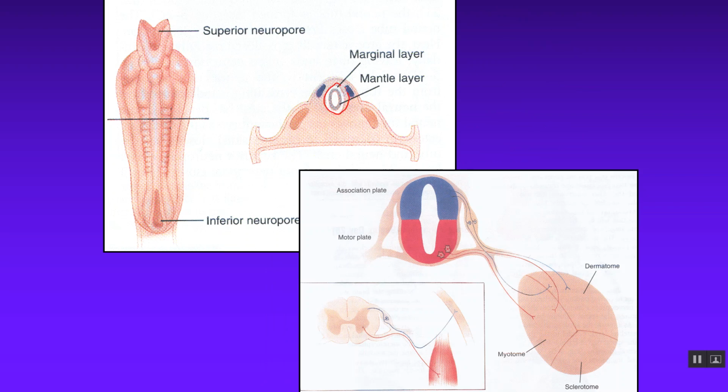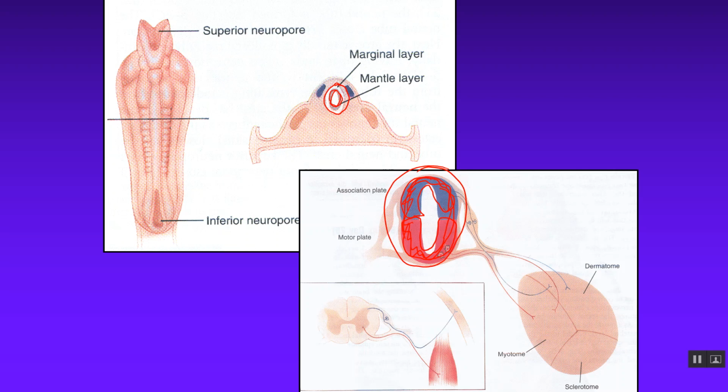So here, if we take this neural tube, this is further in development. Now all we're looking at is this mantle layer. All this was mantle layer right here. And that mantle layer divides into the association plate back here and the motor plate or basal plate right here.